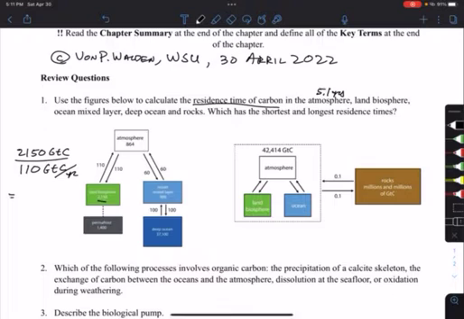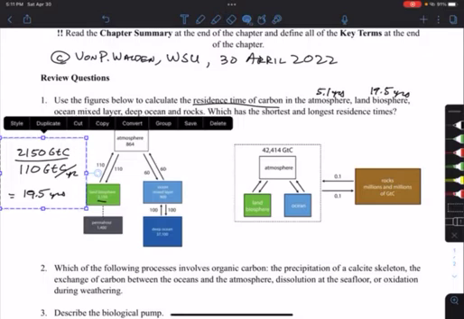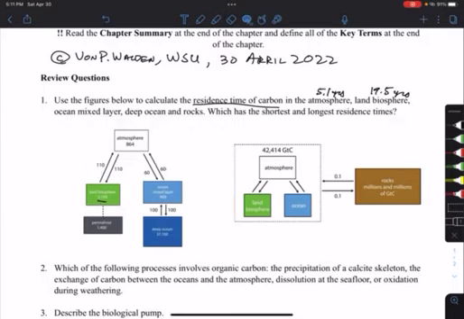If you do the math, that equals 19.5 years. So we'll put that over here. 19.5 years, a little bit longer than the atmosphere. So the average molecule of carbon lasts almost 20 years in the land biosphere, primarily because trees are big and it takes 20 years or more to grow a full tree, and that's what sucks up that carbon.